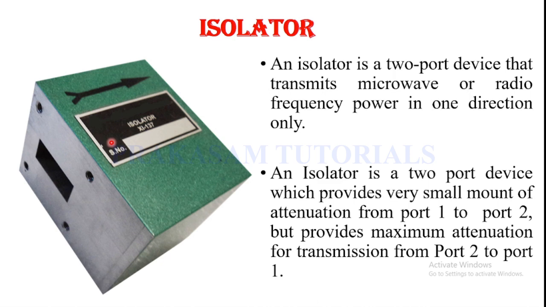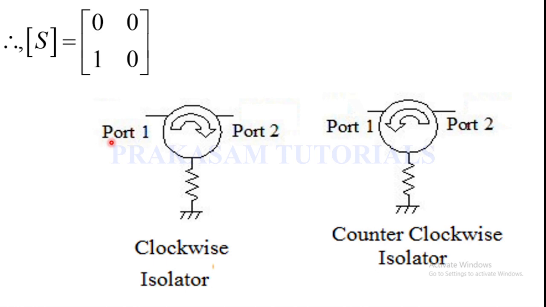For an ideal lossless or matched isolator, this is the S parameter. For ideal lossless, the S matrix is [0 0; 1 0]. So an isolator is a two-port device, and the scattering matrix is S11, S12, S21, S22. In an isolator, the power is transmitted only in one direction, from port 1 to port 2, with a small amount of attenuation.